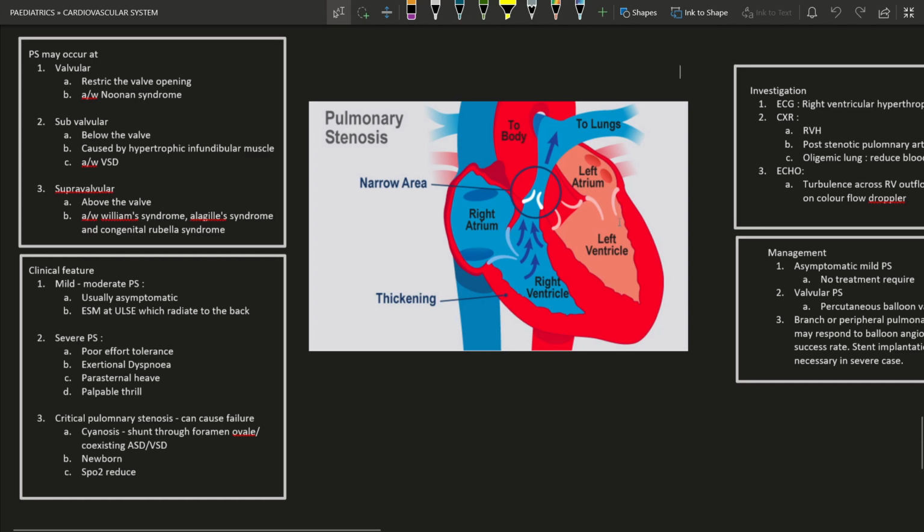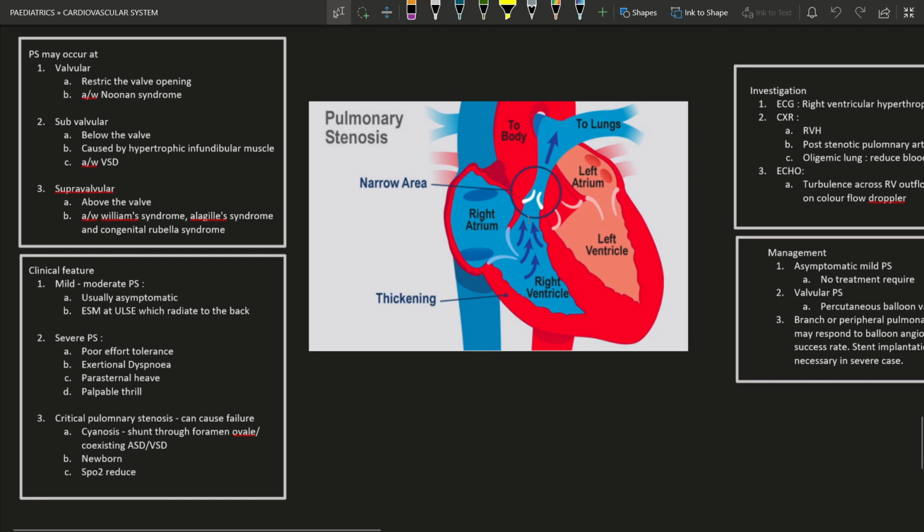That's why when the deoxygenated blood goes to the body, they might present with severe cyanosis. This cyanosis might be present in the neonate because of a coexisting cardiac defect such as atrial septal defect and also ventricular septal defect.